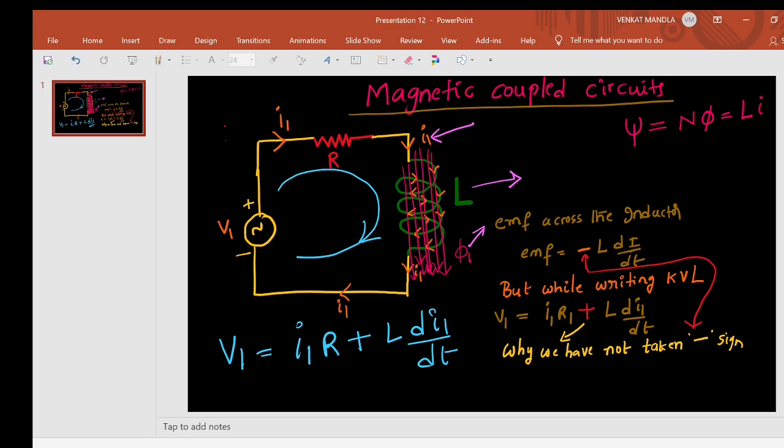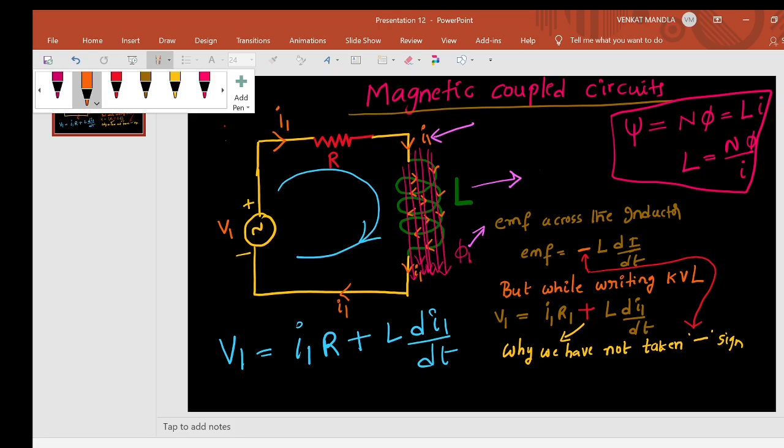So from this, L equals N into phi by I. This is the formula for L, the coefficient of self-inductance.